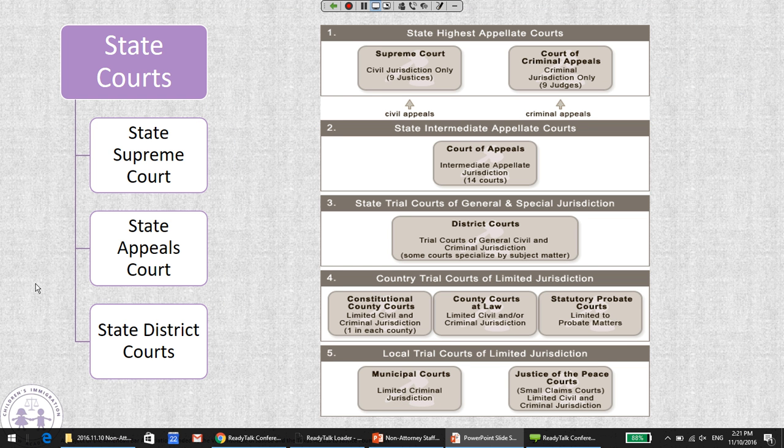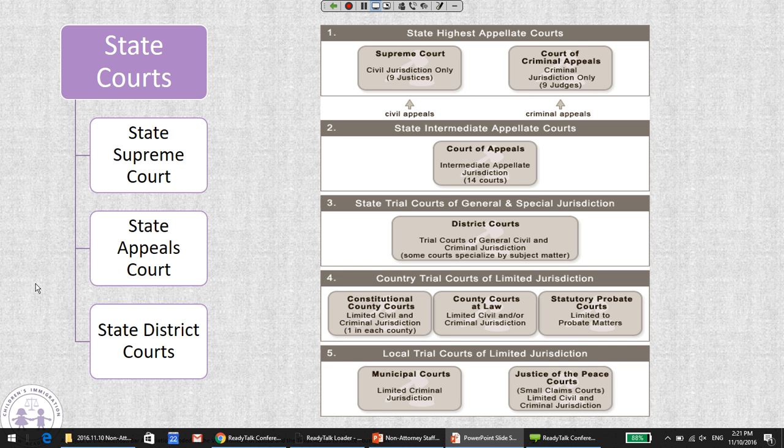Now going into the state court system, and the state court system is where most of our SIJS cases have to play out at some point, right? You've got to go through and get the underlying order about abandonment, abuse, or neglect. And state courts have jurisdiction over things that are not federal, right? Your typical day-to-day stuff, divorces and auto accidents and all those kinds of things are going to play out in state court.